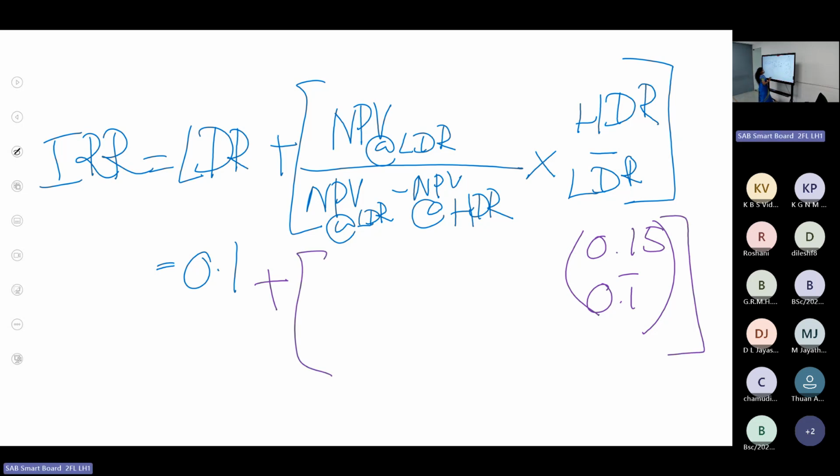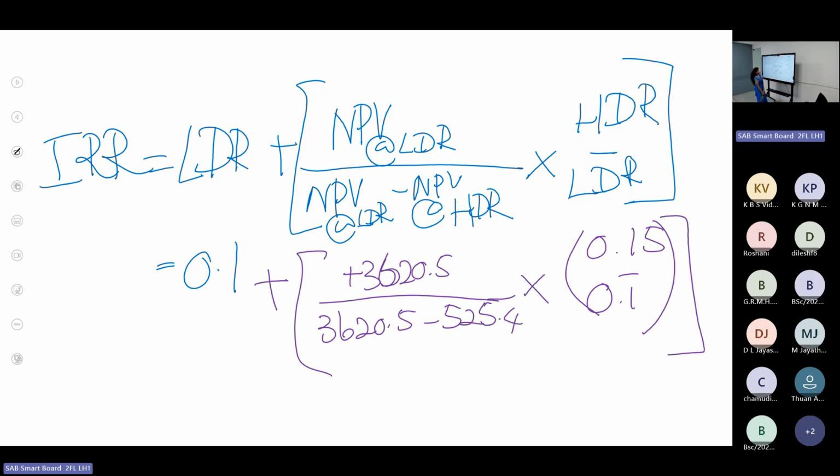NPV at the lowest discount rate, how much is it? 3,620.5 divided by 3,620.5 minus 525.4, multiplied by the difference. What will be the IRR? 0.158. Or else you can denote it as 15.8.